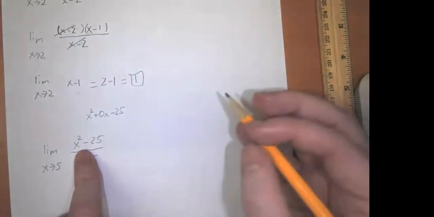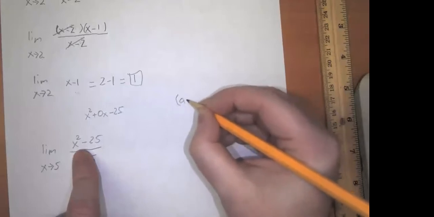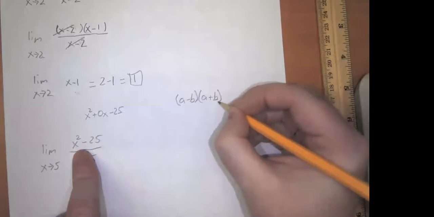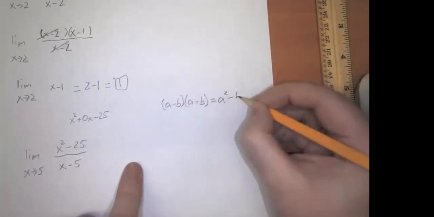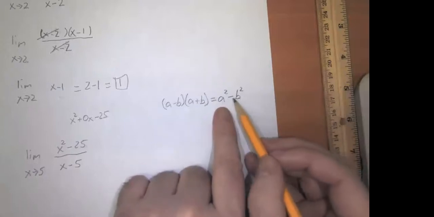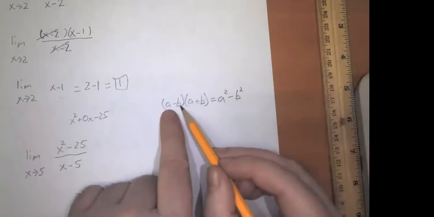Another thing you can do, and this is going to be important for our next video, is we can remember this bit about the difference of two squares. If we've got something that's the difference of two squares, then that can be factored into the sum of the two numbers times the difference between the two numbers.